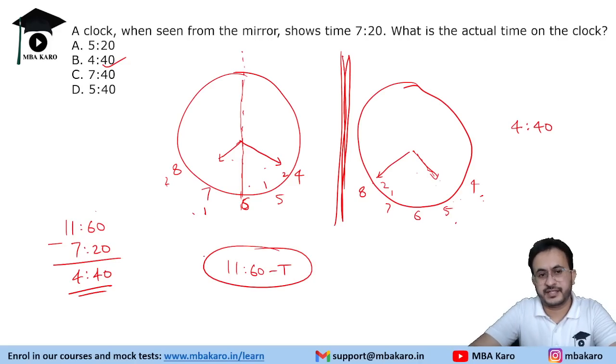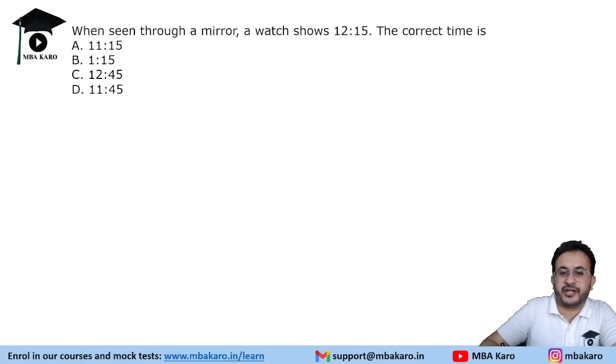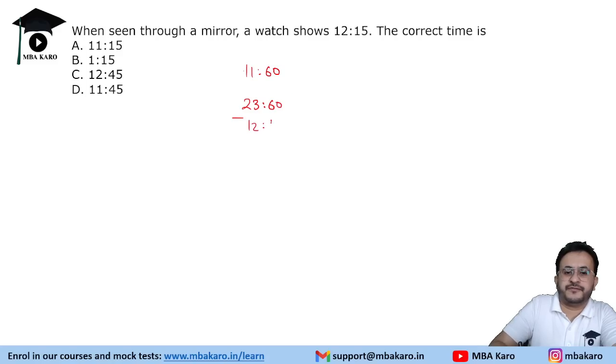Now let's take another example. The time is 12:15. What is the correct time? Now you would say that we do not have anything beyond 11, how can we subtract from 11:60? So convert into 24-hour format. 24-hour format means you convert 11:60 into the 24-hour format, that will be 23:60. 23:60 minus 12:15, we will get 11:45.